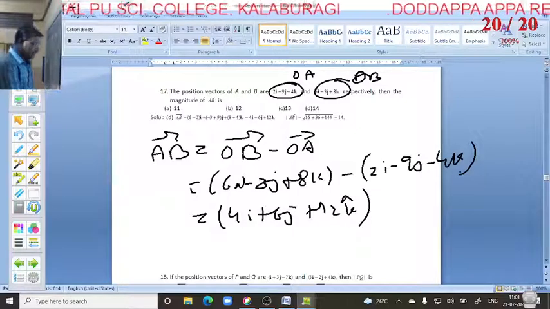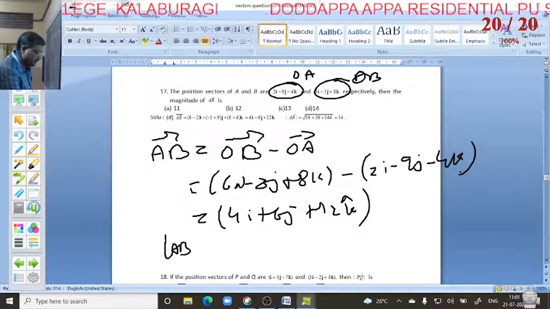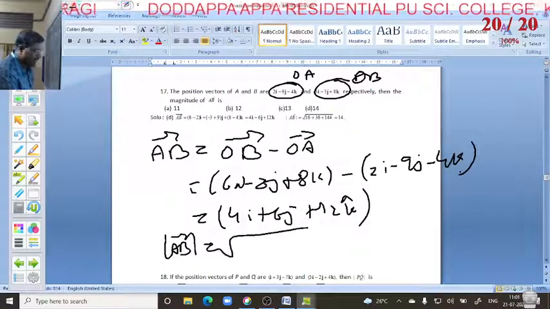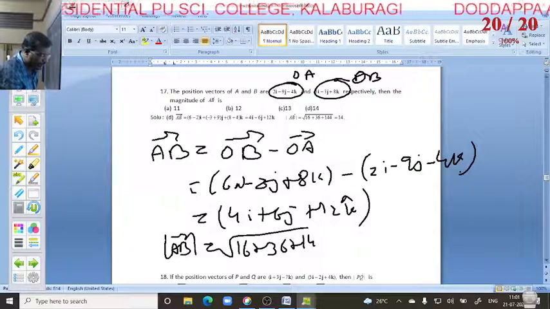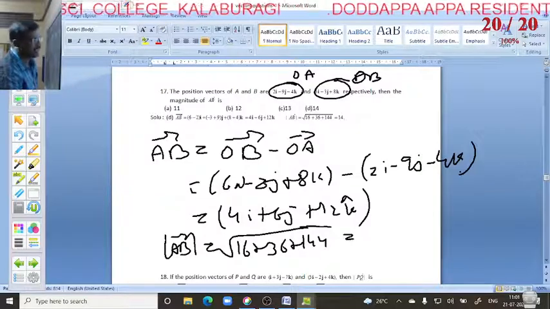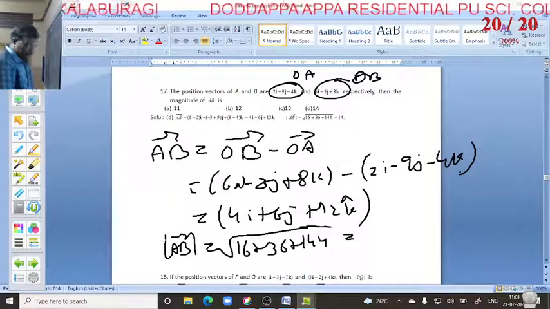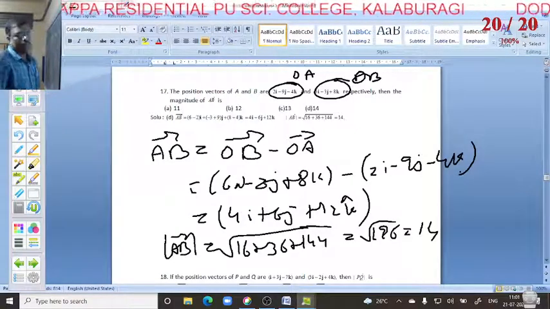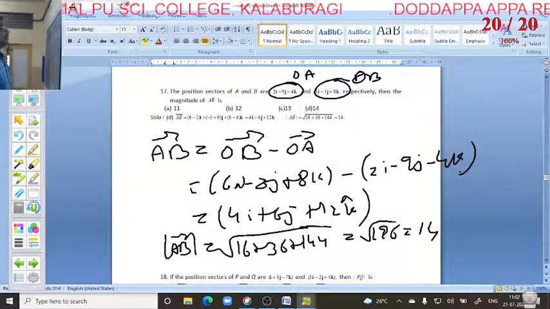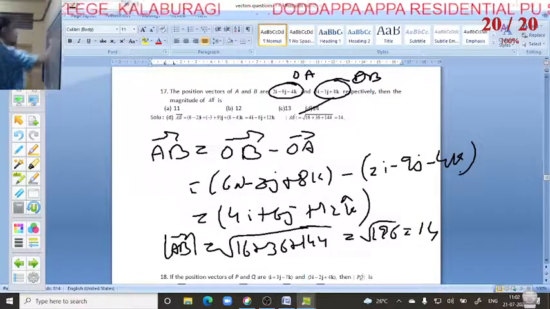Now you can find the magnitude. We get 16 plus 36 plus 144. If you add these, under root of 196, that is 14. Which option? Fourth option.